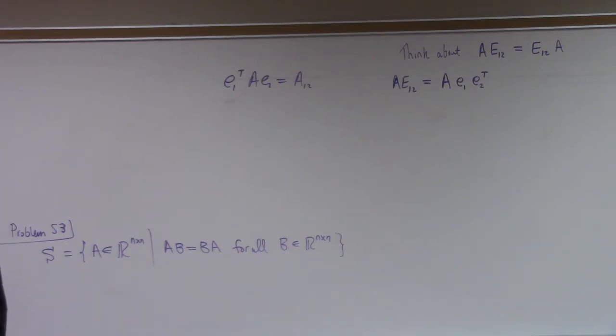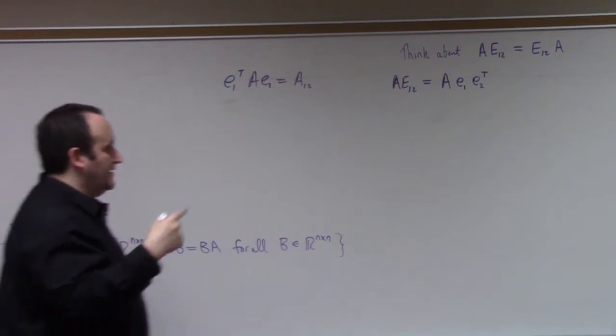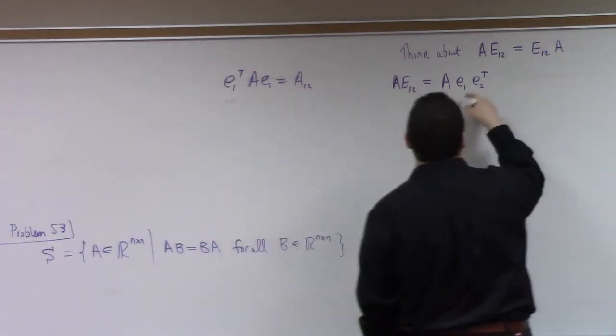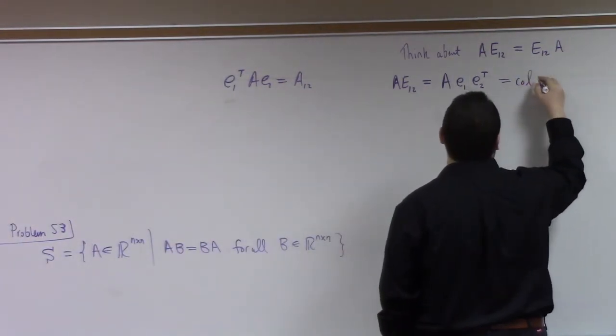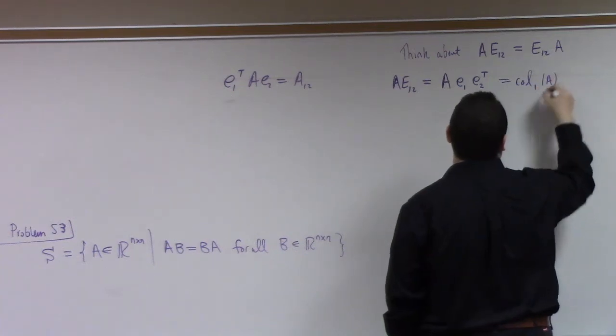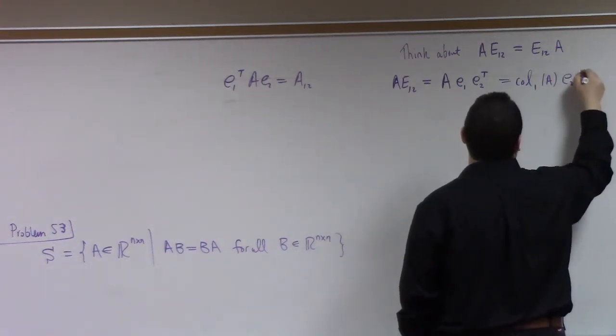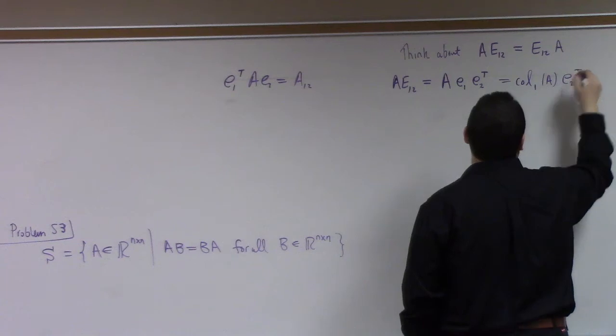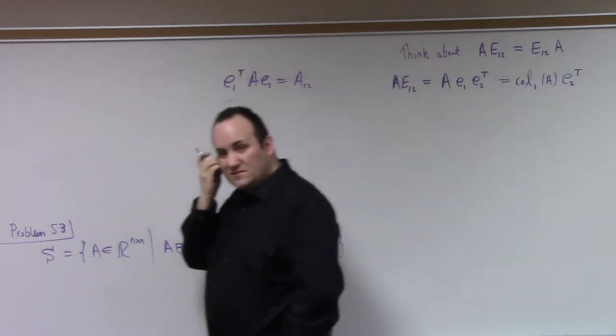This should still be a matrix. I'll get you started. This is column 1, right, of A. What happens when we multiply column 1 of A times E2 transpose? What's that do?